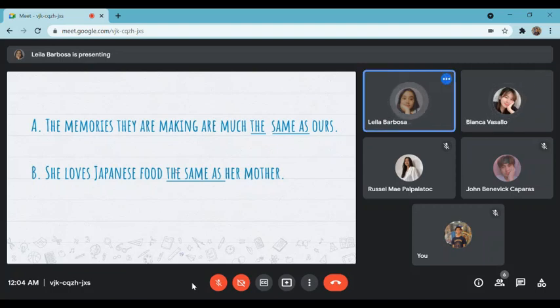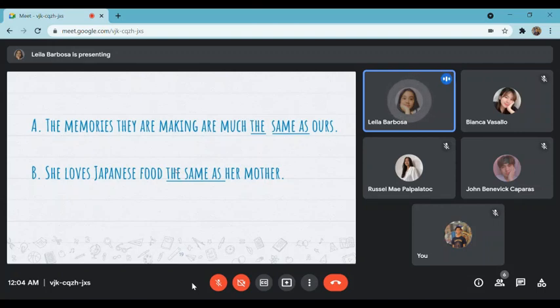Okay, so the things being compared in this sentence is that the subject, she loves Japanese food the same as her mother. So is that comparative form clear to you? Yes, ma'am. So in this form, you should always remember that the two things being compared are happening in a way that is similar or exactly the same as the other.